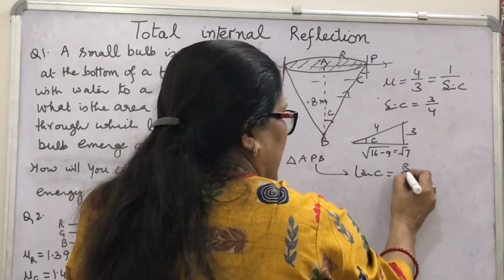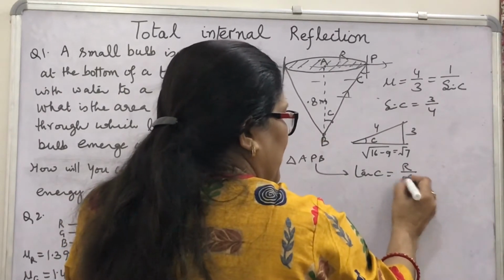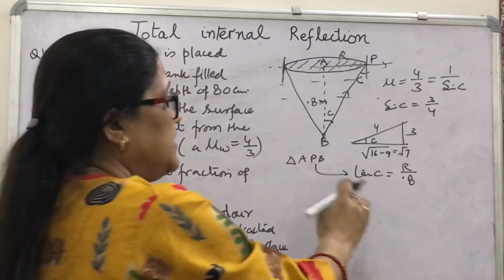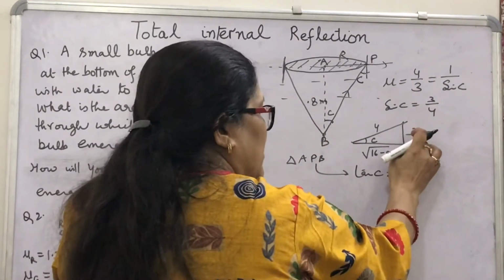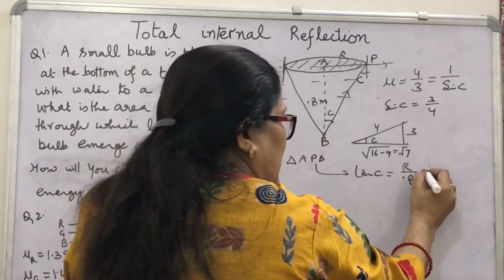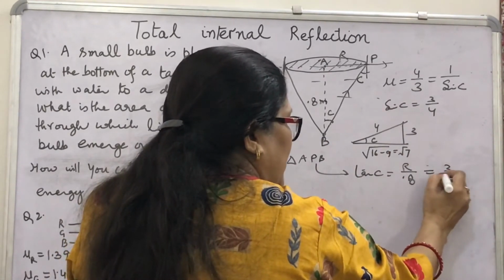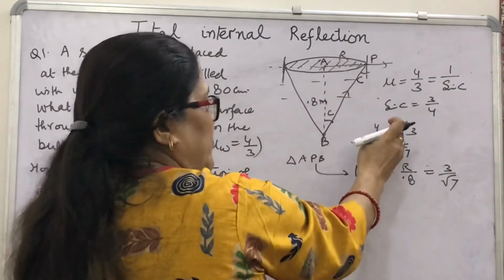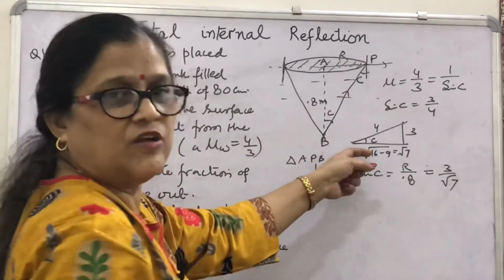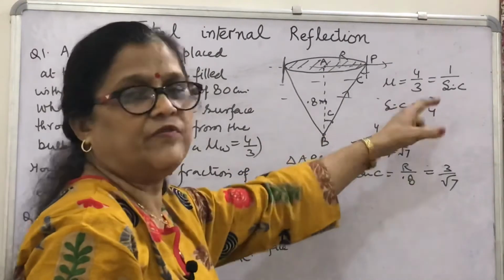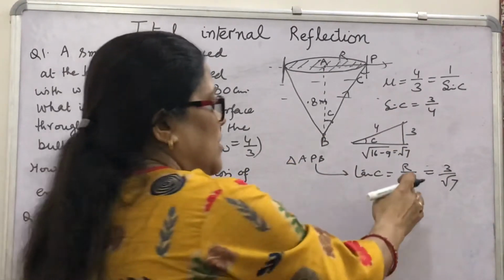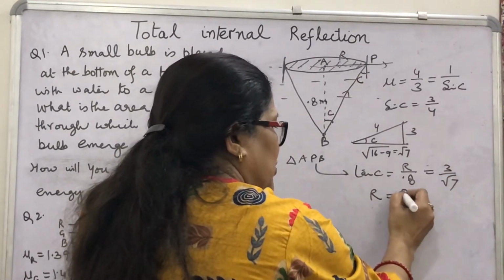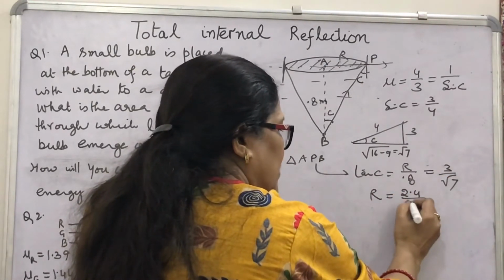So from the triangle you can write R upon 0.8, and from the sine C triangle you can find the same tan C, which will be perpendicular upon base, equal to 3 upon √7. Look, I have written from the figure and from the sine C triangle relation of critical angle and refractive index values. You can find simply R, that is 0.8 into 3, 2.4 upon √7.